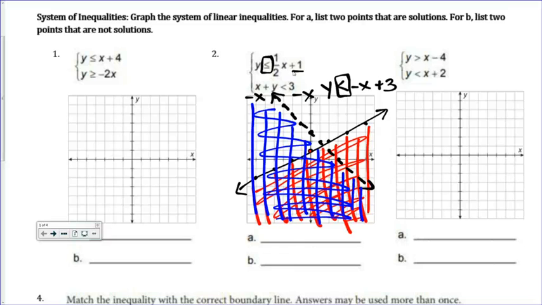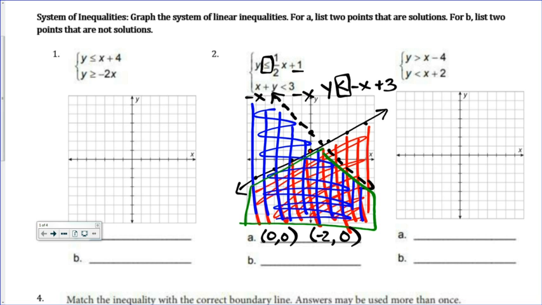For ordered pairs that are solutions, anything within here is a solution. You can choose a point on the solid line but not on your dotted line. So a couple of examples, we could have 0, 0, and we could have negative 2, 0.